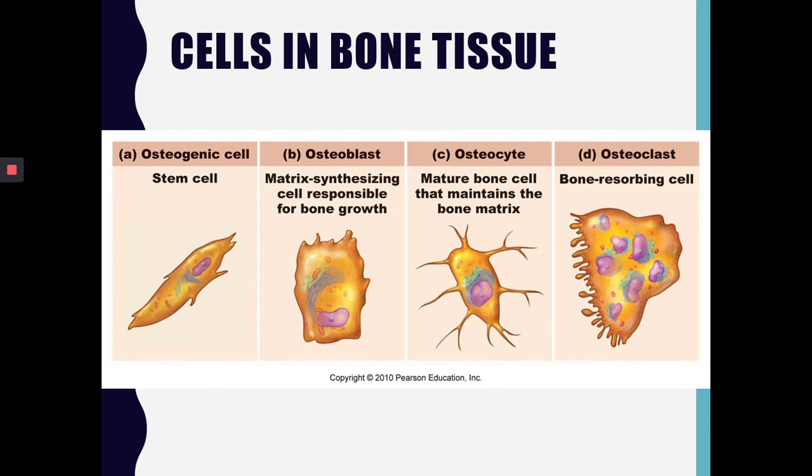Here's the image that you can see on page 181. Again, from left to right, we have the osteogenic cell, which is that stem cell, which eventually gives rise primarily to osteoblasts. Osteoblasts, again, are for building bone tissue, so blast, bone growth, and building going together there. Again, the osteocyte, which are really the primary cells that you hear about and think about and learn about. These again are found in the mature bone matrix, and they are there to maintain the bone tissue.